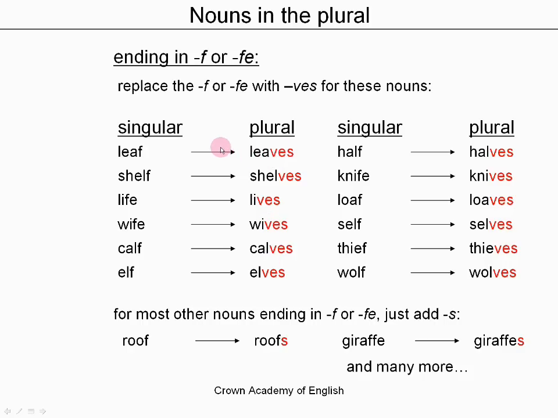If you learn this list at the top, then you know all the other nouns are just regular. This list at the top is the exceptions. These are the ones where you have to change it to VES, and all the others, or most of the others, we just add an S. Okay, let's carry on.